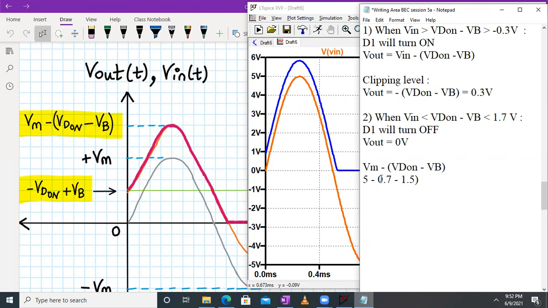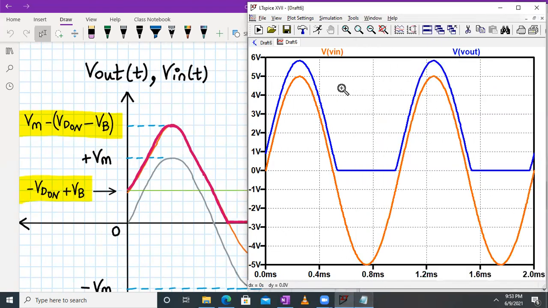So it will be 5 minus 0.7 minus 1.5. Basically, inside the bracket you get 0.8 plus 0.8, because outside the bracket you have a minus sign, so here it will be 5.8. This level should be 5.8, even greater than the input.